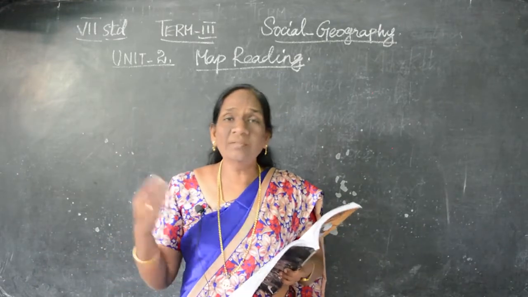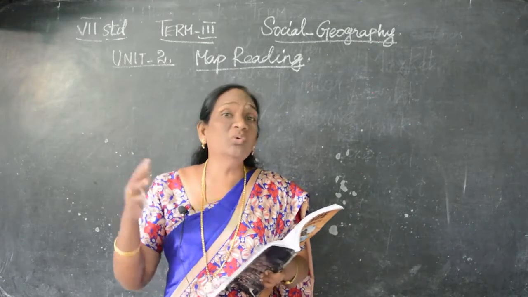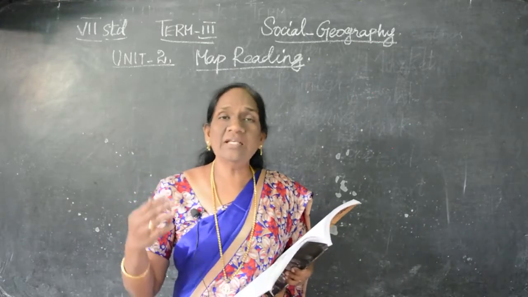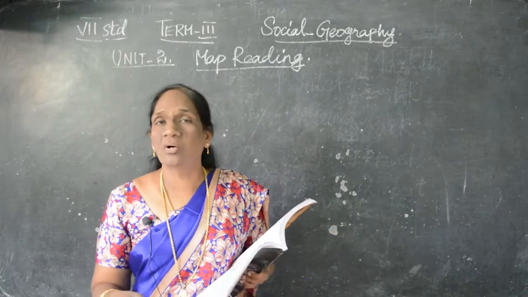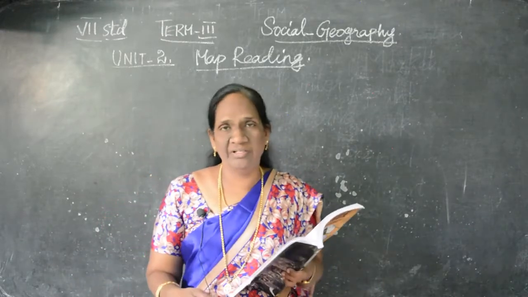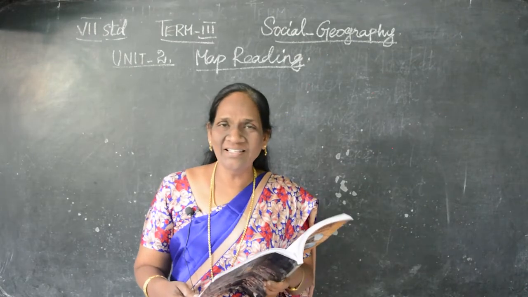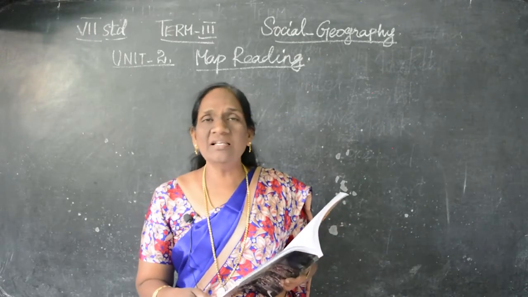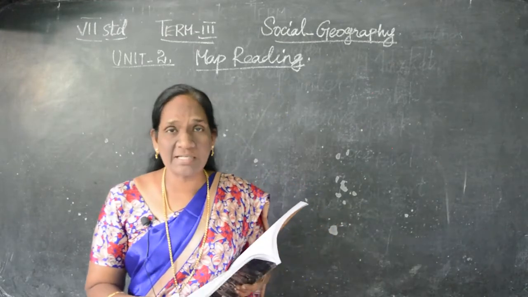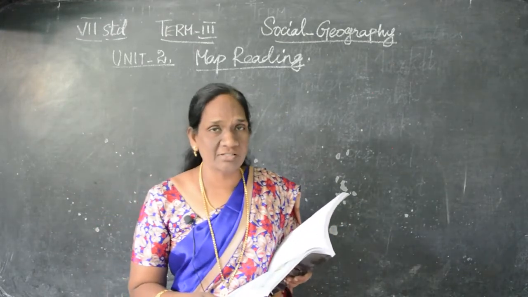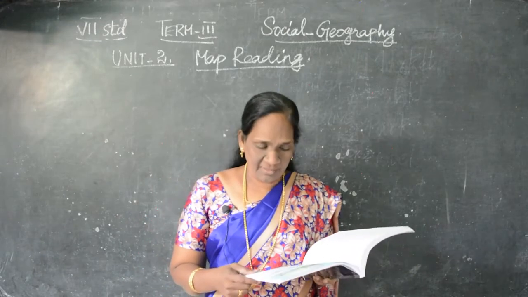So all these we can understand through the maps only. So these maps are very much useful to us to know about geography. Have you understood, children? Yeah, this is a very easy lesson, and the government has omitted some portions also in this lesson, some content, some pages. Okay, we'll see.